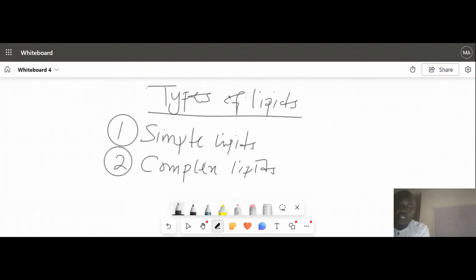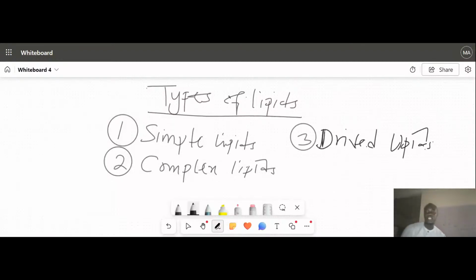And number three, we have derived lipids. So these are the types of lipids that we have. We are going to take each and every one and discuss it.